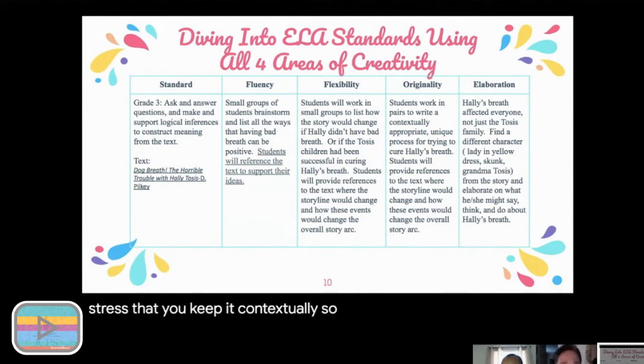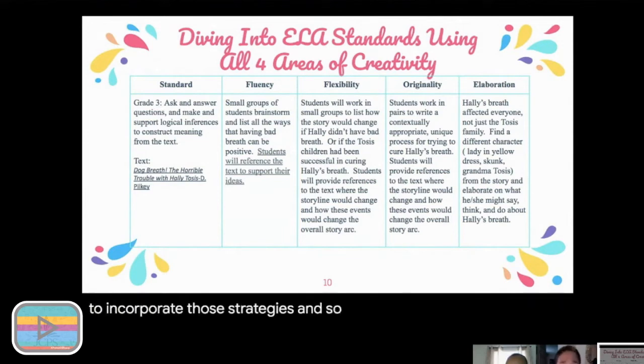So if it's a realistic fiction story, then we certainly wouldn't want the embellished piece or the elaboration piece to be sci-fi. We want the genres to match. We want them to stay in the context of the story. Now, with Camilla Cream's example, there was lots of magic and fun things. So, of course, you would allow your students that same autonomy to incorporate those strategies.